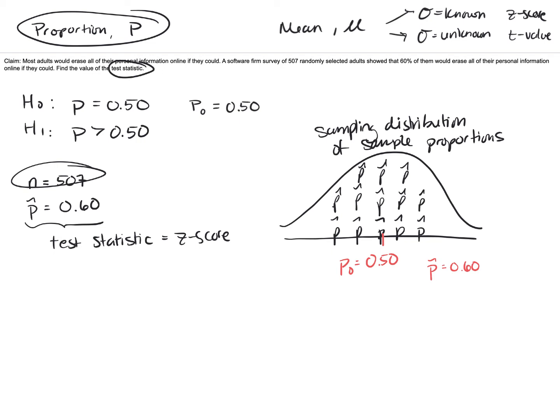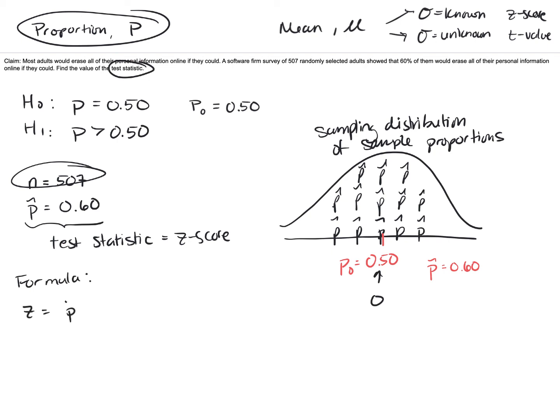And we can put that z-score on this normal distribution, where at the center, where p naught is 0.50, that has a z-score of 0. Now we just need to figure out if our sample proportion has a z-score that would make it significantly high.